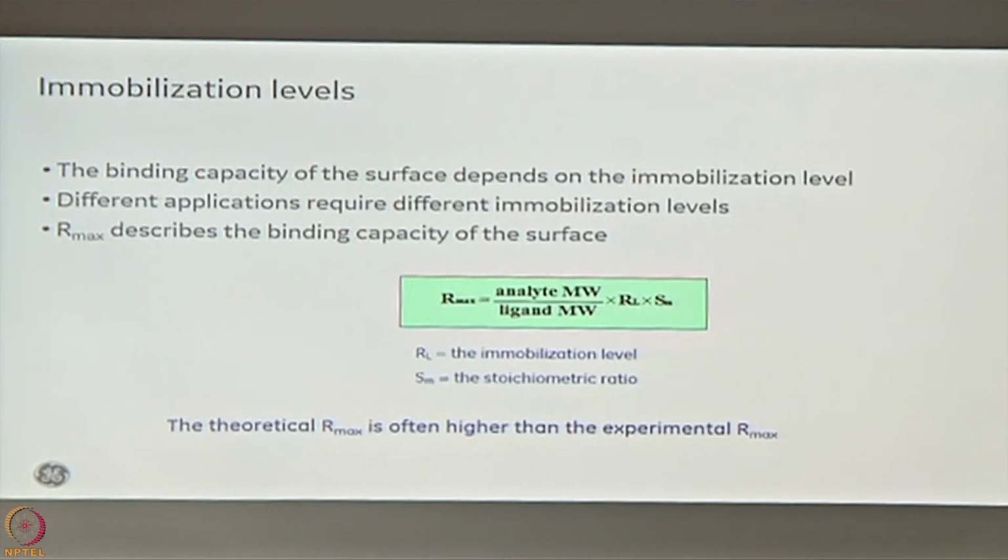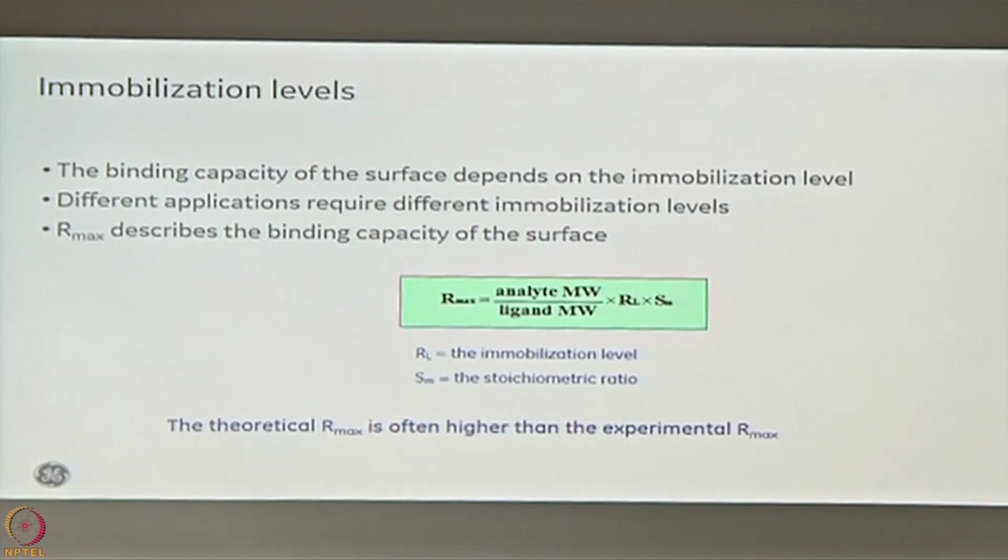it is 2. So, typically theoretical R max, what we find out from here, is higher than your experimental R max. Usually when you actually immobilize your ligand, you tend to lose some activity, and or your ligand to begin with may not have 100% activity.